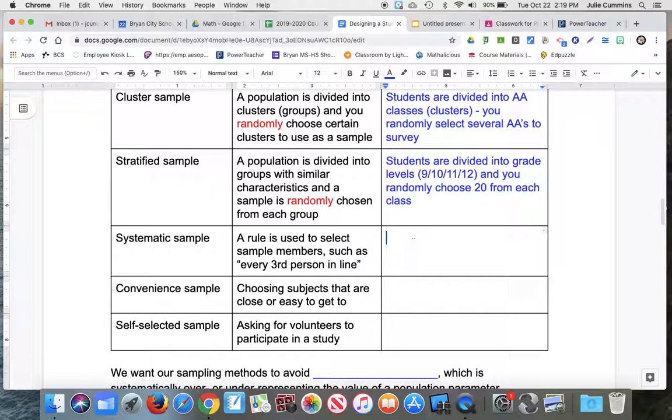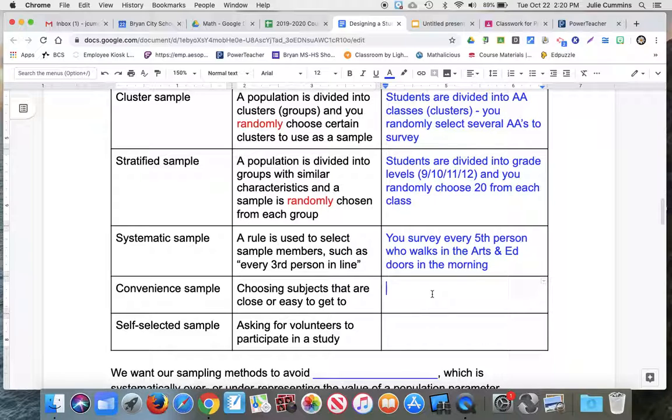An example of this is maybe you decide to survey every 5th person who walks in the arts and ed doors in the morning before school. Okay, so it's really a great random method. There are some problems with this particular one I set up. If you're only surveying people who come in through the arts and ed, you may be missing a lot of younger people who ride the bus. So you would have to take that into consideration.